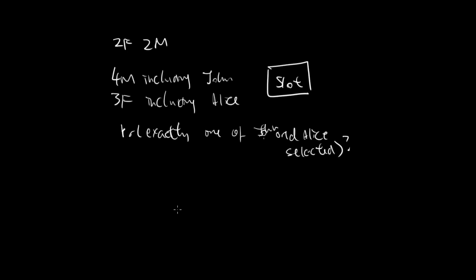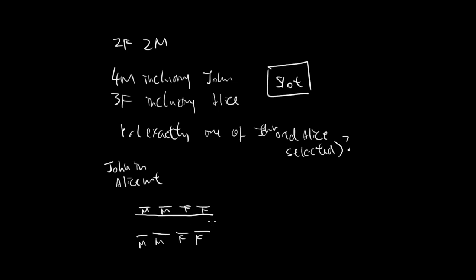So we're going to have to split those into 2 different separate scenarios. First is that John is in and Alice is not. So this is a slot problem again, and the slots are 2 male roles and 2 female roles.